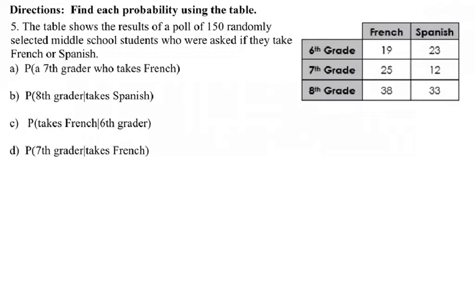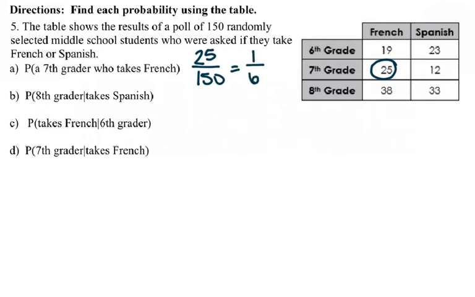Alright, so if you look at number 5, notice that part A is not conditional because it doesn't have that given line. So we want to find the probability that there's a 7th grader who takes French. So 7th graders who take French, there's 25 out of the total number, which is 150. And then I can reduce that to 1 over 6.